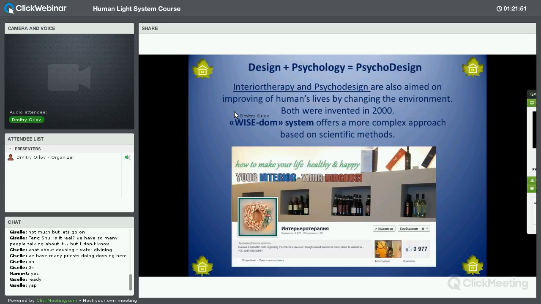So, like aligning design and psychology, or interior therapy, when designers test people using some tests and define their psychotype.